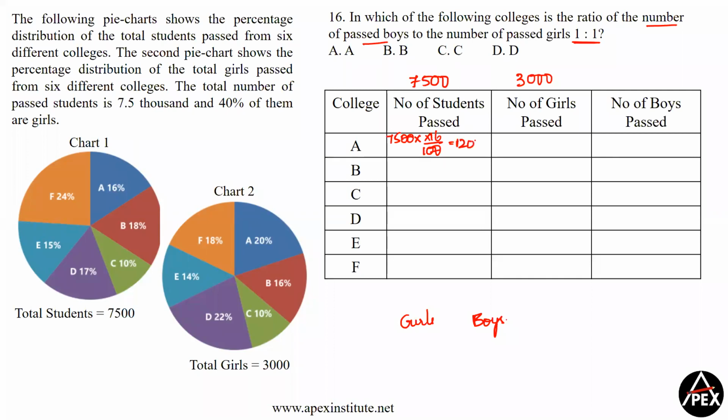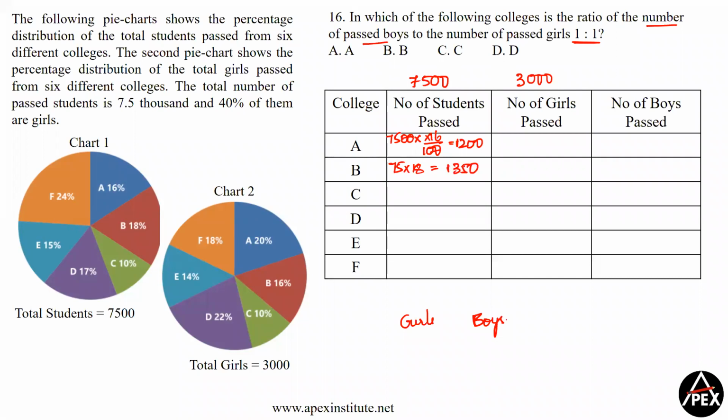Yeah, 1200. Now what is the total number of students passed from the next college? 7,500 by 100 will be 75 into 18. So 75 into 18 will be 1200 plus 150, 1350, isn't it?